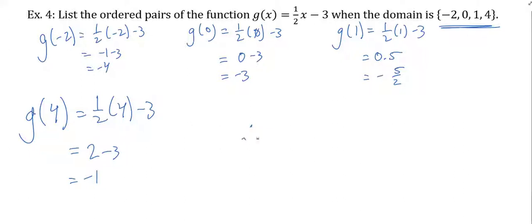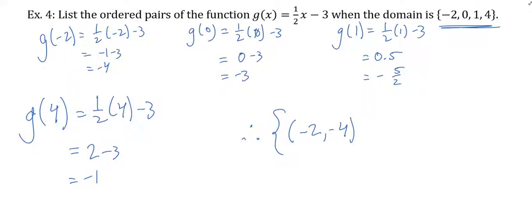And it says list the ordered pairs. So our ordered pairs are -2 and -4, because when I put in -2, I got out -4. So my input was -2, my output was -4.